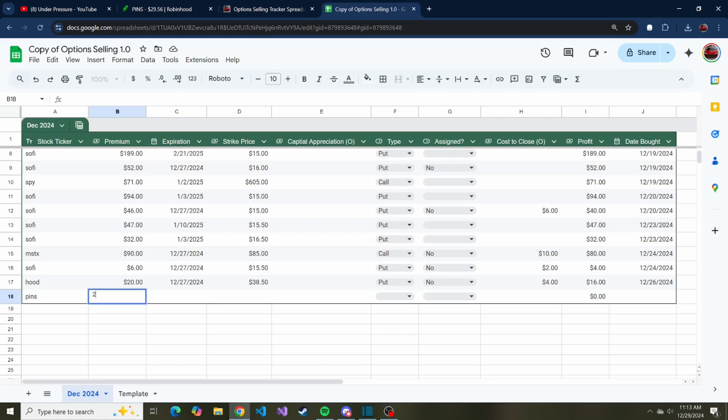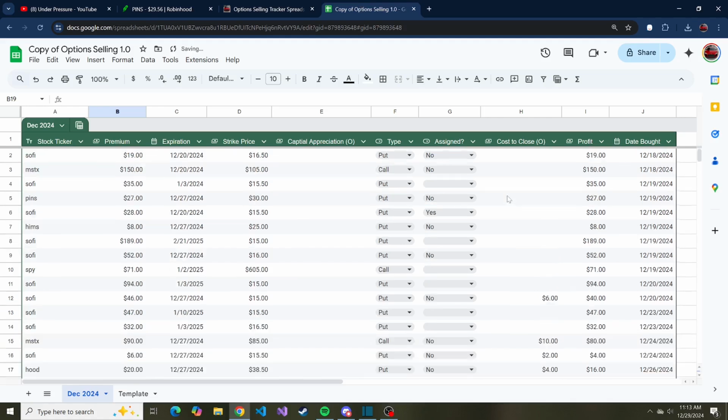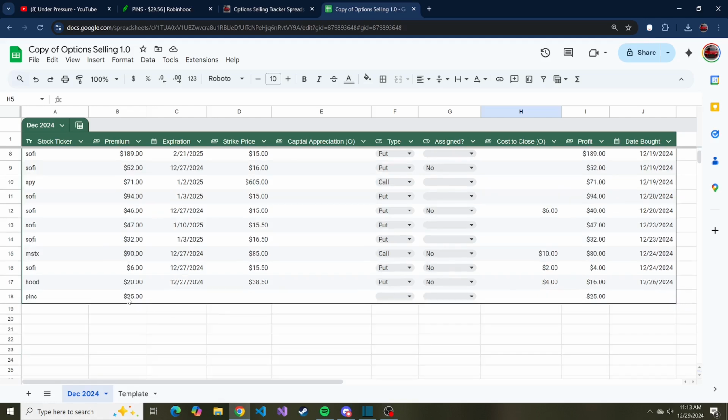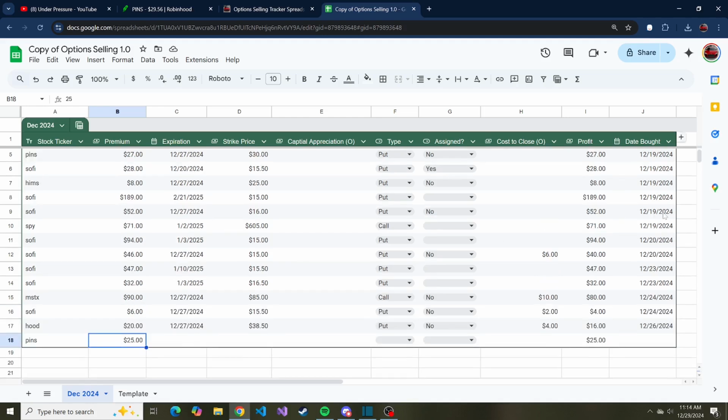So I'm going to put $25 in premium, and that's why I'm able to put nothing in this cost to close. Because if I wanted to, I could put $66 in this cost to close. This would be negative. But then on the next put that I sold when I rolled it, I could put in the full amount in the premium, which would be $88. And the math would just allow the overall premium that I gained from both of these positions to be the same. So it really doesn't matter which way I do it.